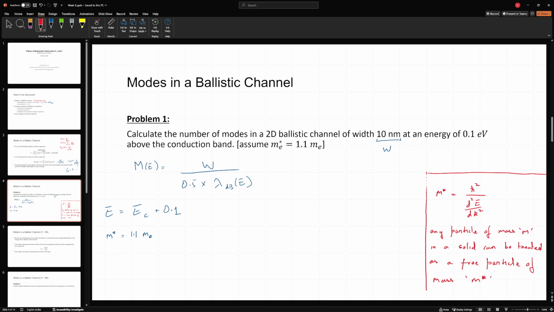So when we are considering the effective mass, for all intents and purposes, we are treating our particle as a free particle. The effective mass depends on the curvature of the energy band, and this curvature is essentially measured at the band minima or band maxima. So this is a quantity that is measured at band edges.